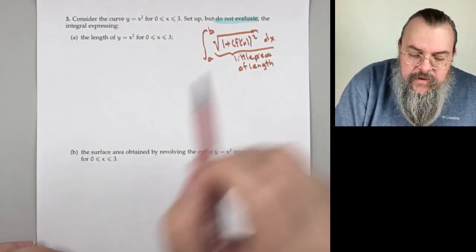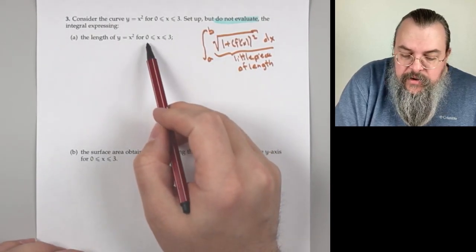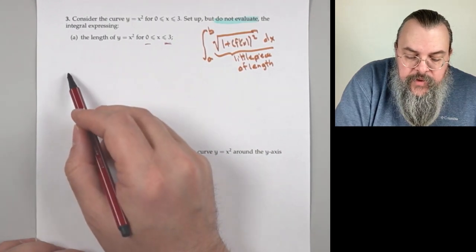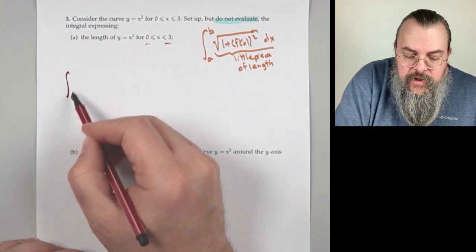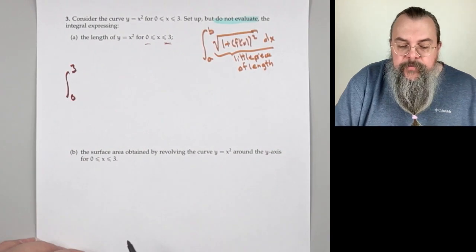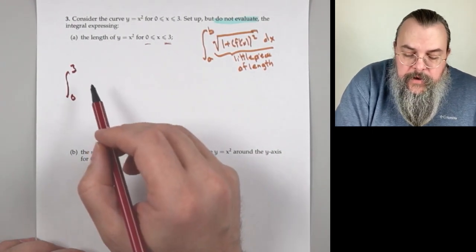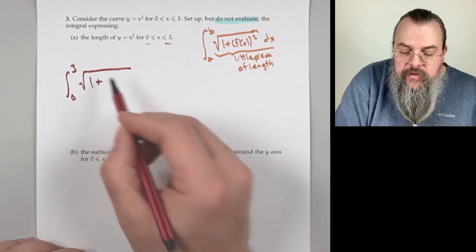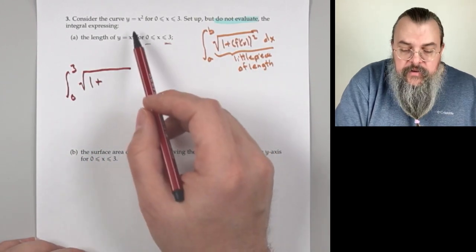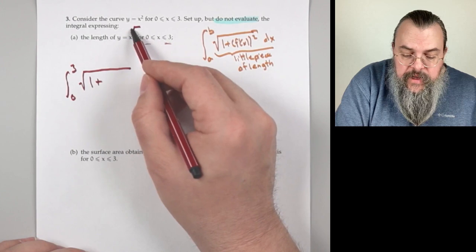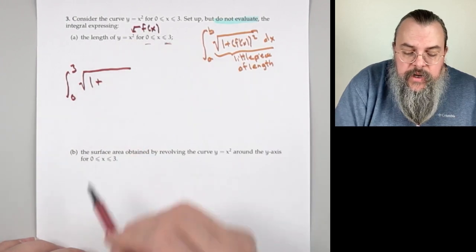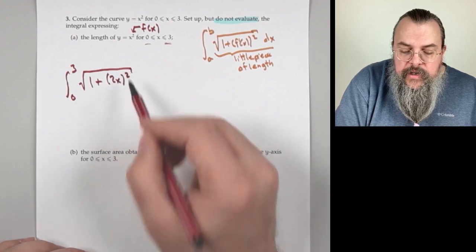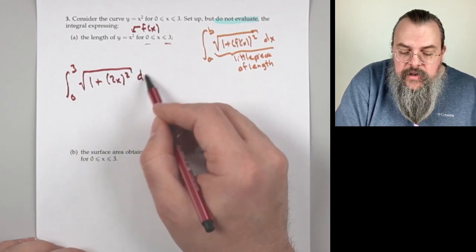So for us, we have our bounds, 0 to 3, then the square root of 1 plus the derivative. So f of x is x squared, so that would be 2x, quantity squared, and dx.